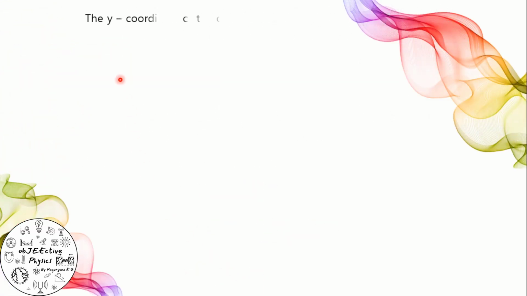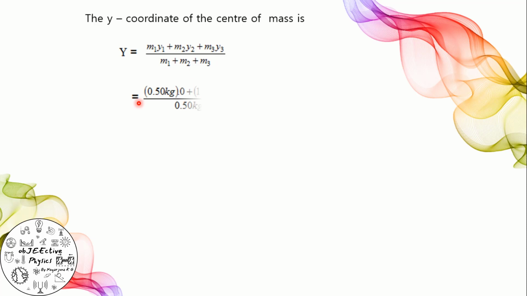Next, the y coordinate of the center of mass is capital Y is equal to m1 y1 plus m2 y2 plus m3 y3 divided by m1 plus m2 plus m3. By substituting the values, we get Y is equal to 0.5 kg into 0 plus 1 kg into 0 plus 1.5 kg into 3 centimeter whole divided by 0.5 kg plus 1 kg plus 1.5 kg, that is equal to 4.5 kg centimeter divided by 3 kg.